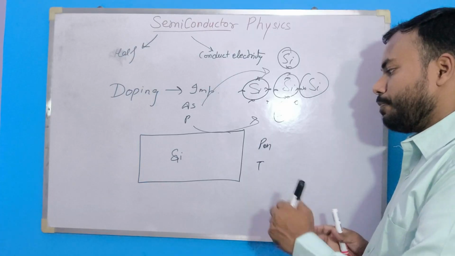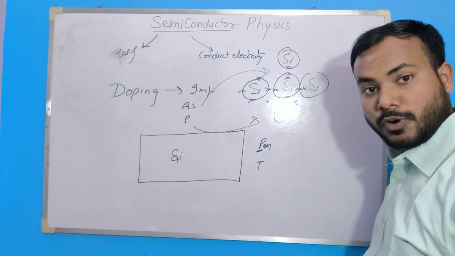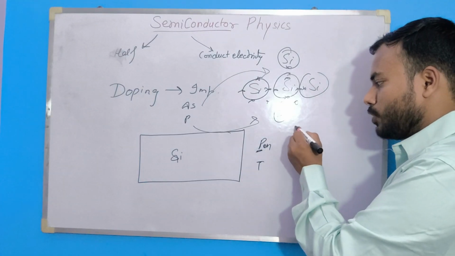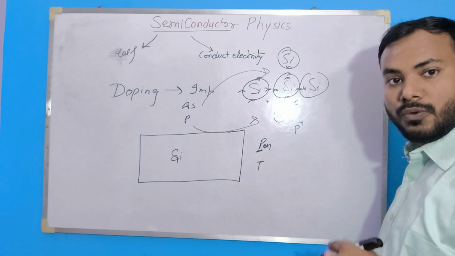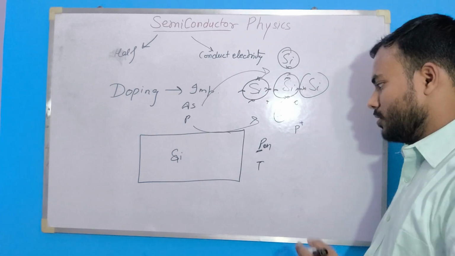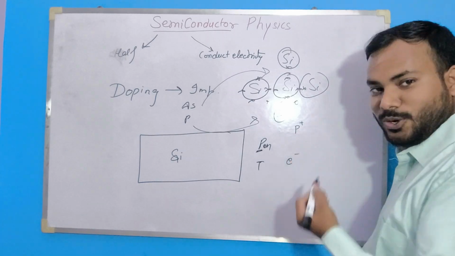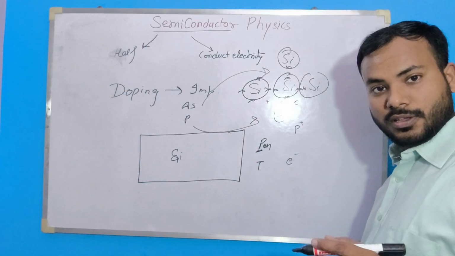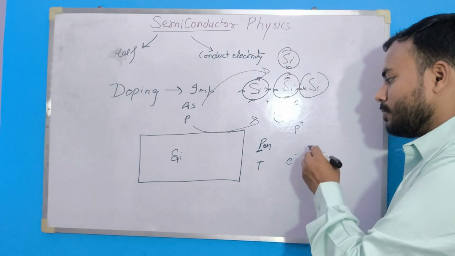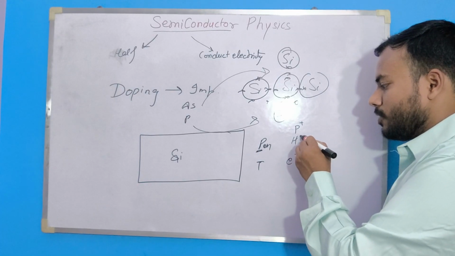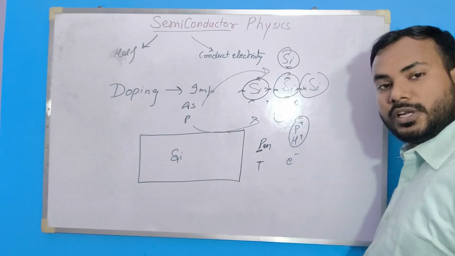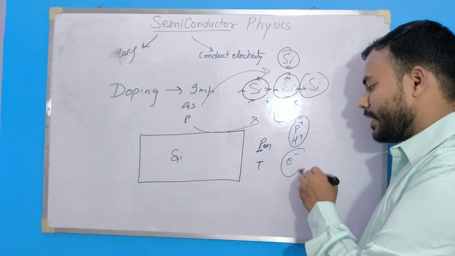Pentavalent means penta, p comes from positive, and what is positive? Which has positive charge? Electron does not have positive charge, so positive charge comes from holes. We consider hole as a positive charge and electron as a negative charge.